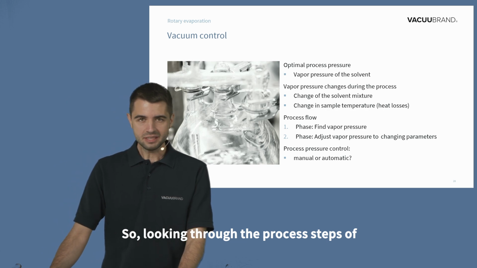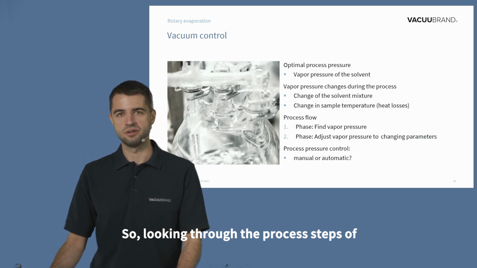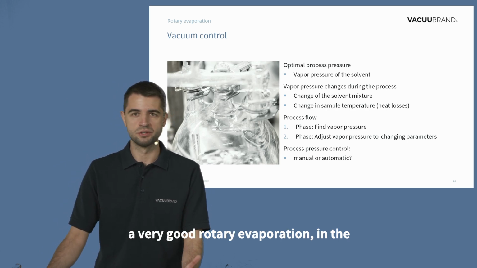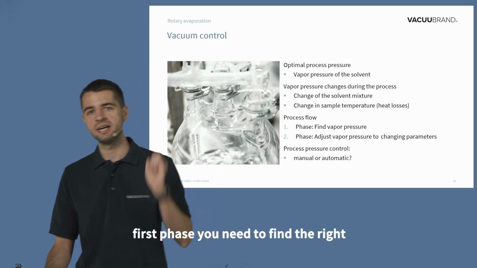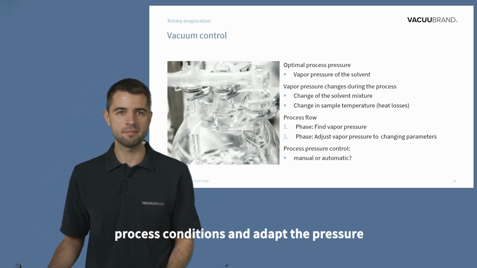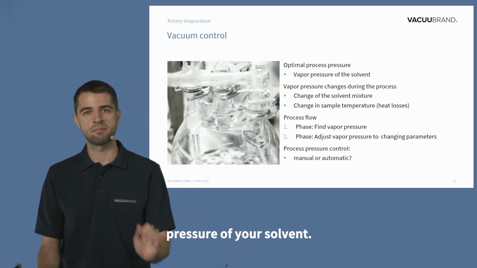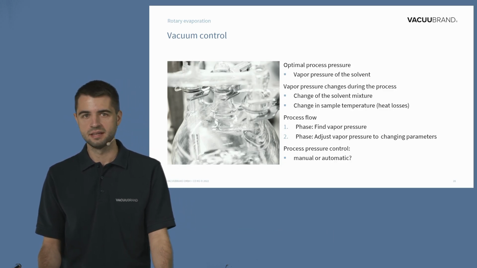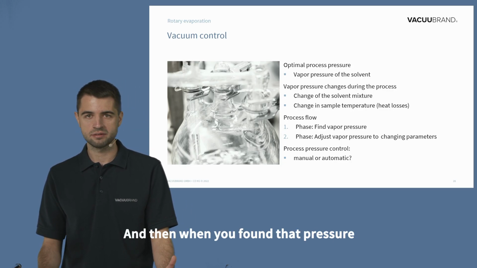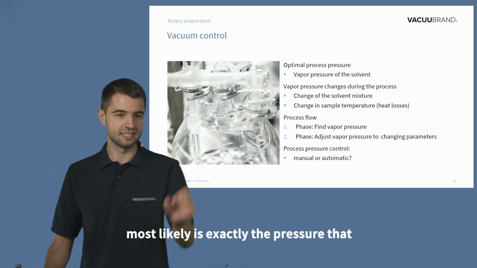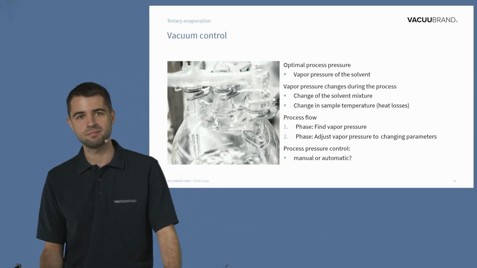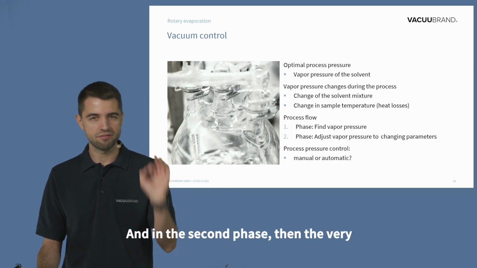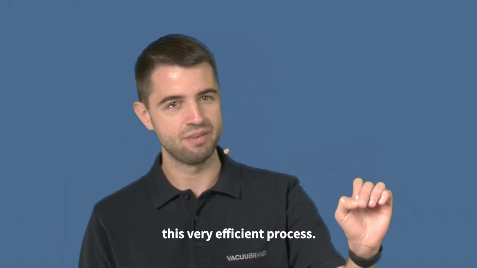So, looking through the process steps of a very good rotary evaporation, in the first phase you need to find the right process conditions and adapt the pressure to the right vapor pressure of your solvent. And when you have found that pressure, it is most likely exactly the pressure that is given in those tables on the side of a rotor. And the second phase is the very important phase to have this very efficient process.